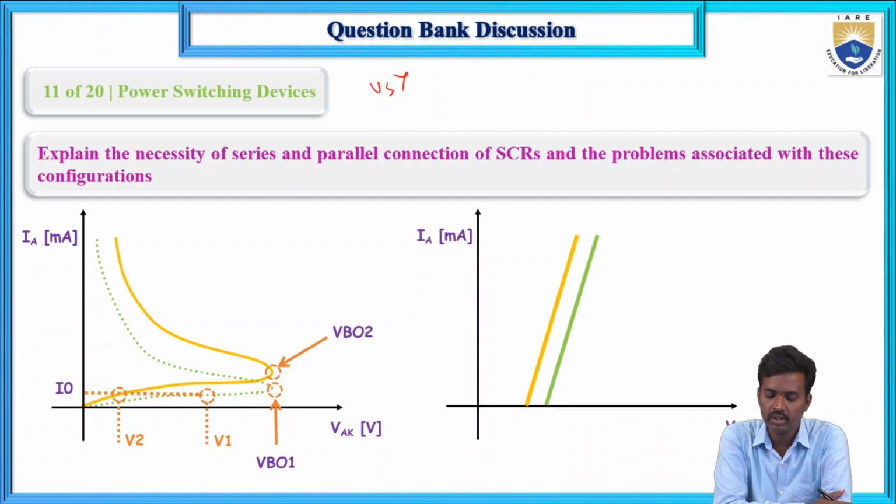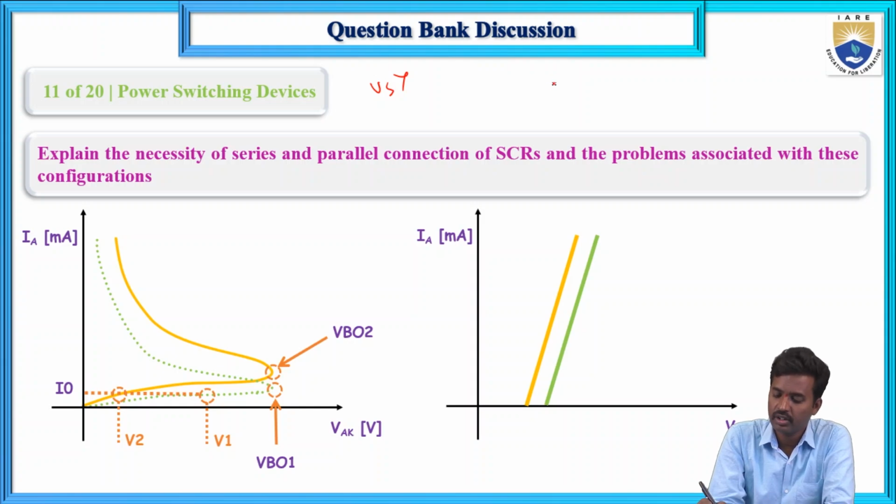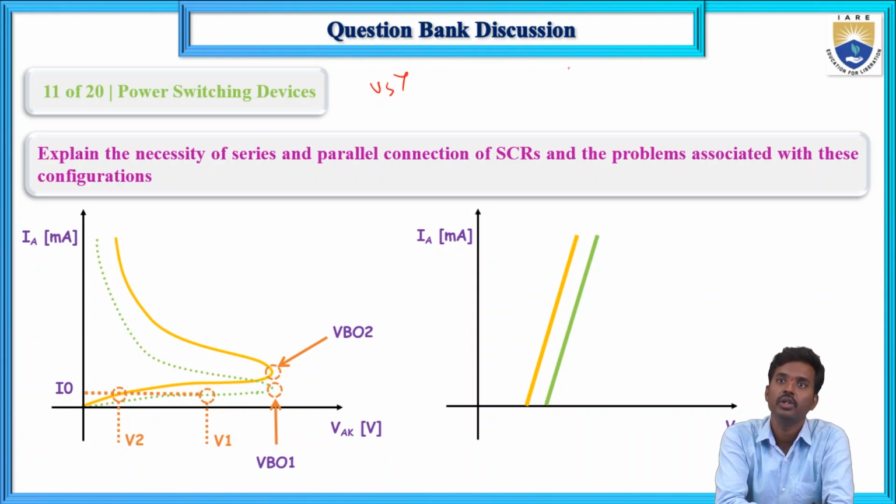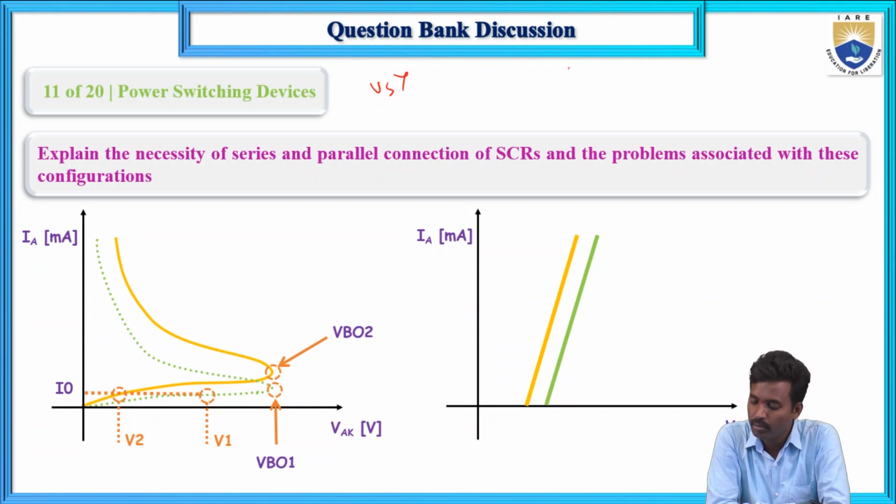In that case the SCRs are connected in series, since the voltage rating of the supply is greater than the voltage rating of the SCRs. Next, the current rating: when the supply current rating is greater than the SCR current rating, the SCRs are connected in parallel.